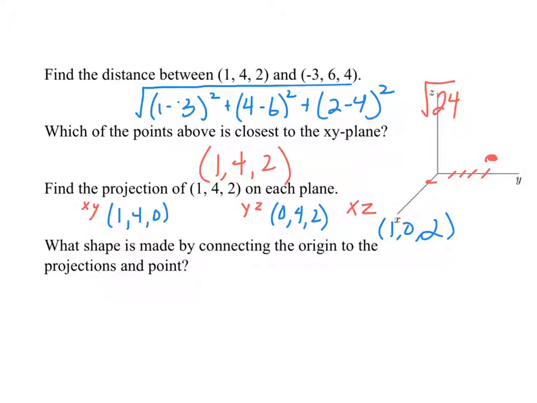Now, if you think about those points, and I can kind of sketch those in a little bit, 1, 4, 0 is here, 0, 4, 2 is maybe back in there, 1, 0, 2 is maybe up here. If you connected the origin to these projection points, what would it end up looking like?